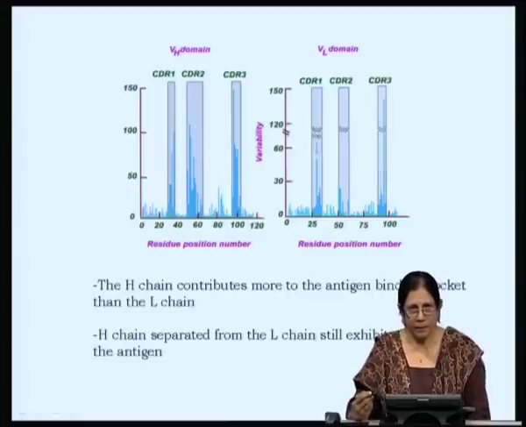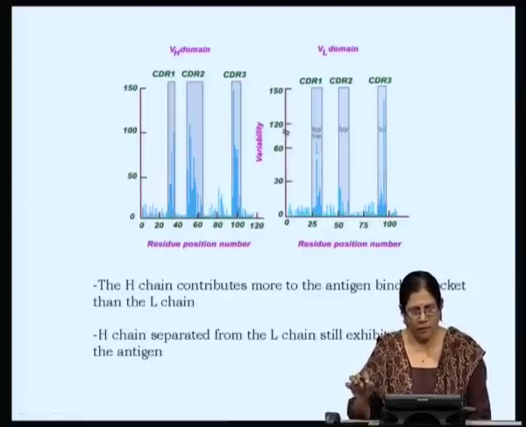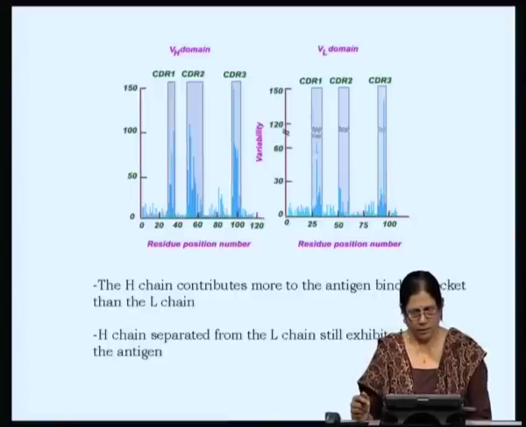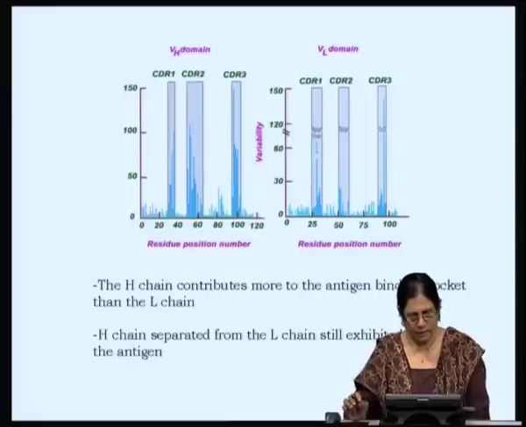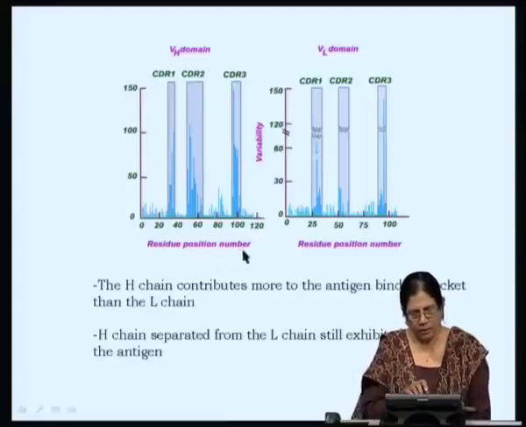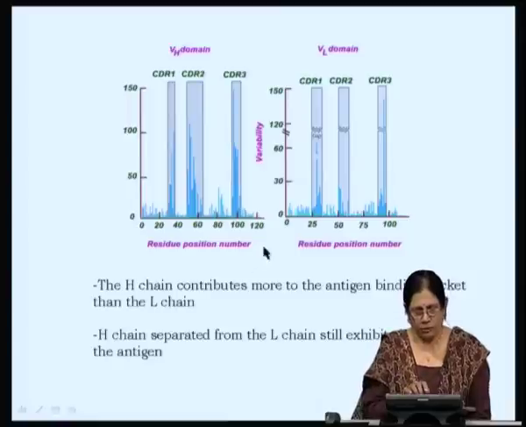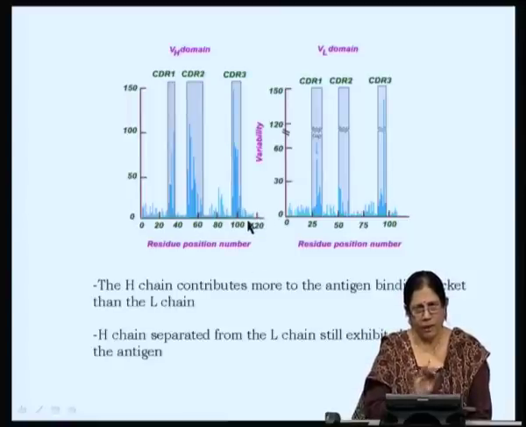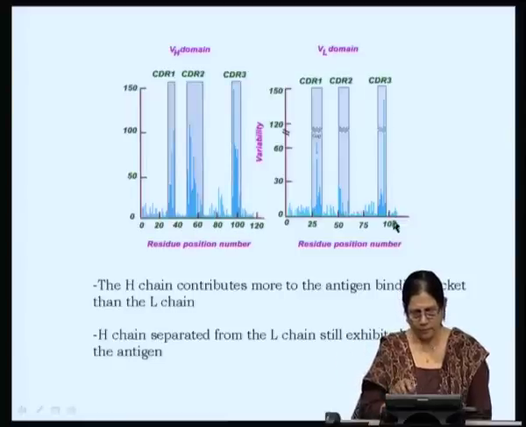When people analyzed these variable sequences closely, they tried to see how variable these variable regions are. They did a very simple analysis, which is shown here. The variable domain, first of all, was around 110 amino acids from any and every myeloma protein, both heavy as well as light, approximately 110.